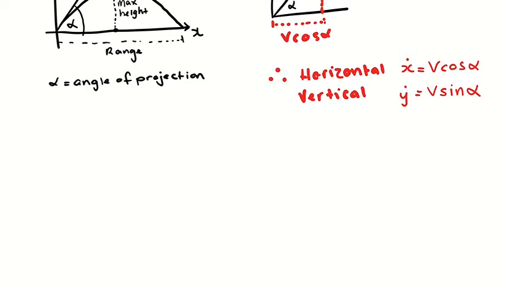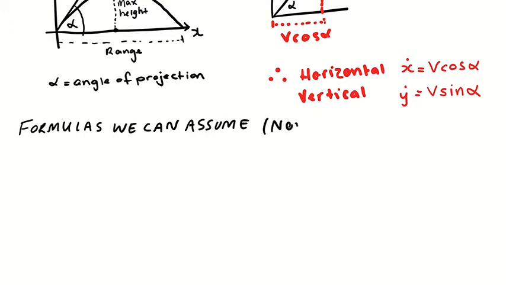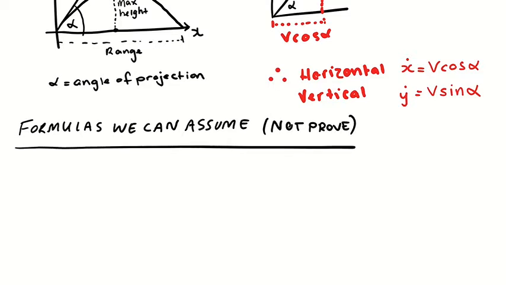So let's say that these are formulas we can assume. You're not proving these. Straight away, it's our vertical and horizontal equations for the velocity.